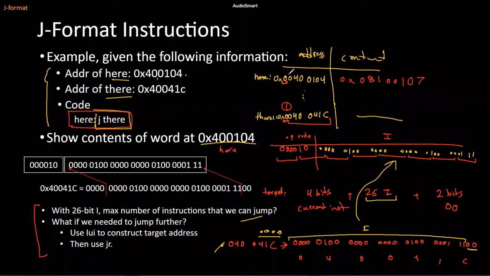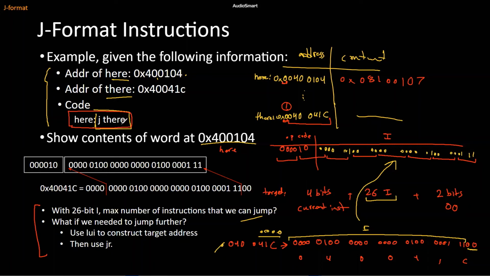Because we said the top 4 bits come from the current address, what if these most significant bits are different from where you want to go? It is not possible to do that directly with the jump instruction. That's a limitation.